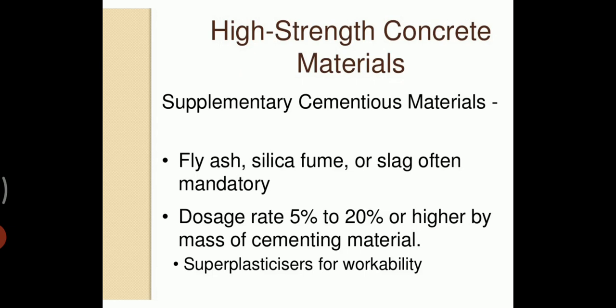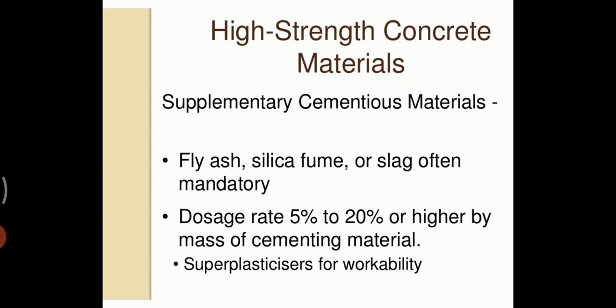Then why do we add the supplementary cementitious material in this high strength concrete? This fly ash and silica fume are finer in nature. Their size may be smaller than the cement particles. So these further reduce the voids present in the concrete, and therefore its permeability is also reduced, and therefore its strength increases. Not only this, at hydration the cement compounds react with water and produce several products.